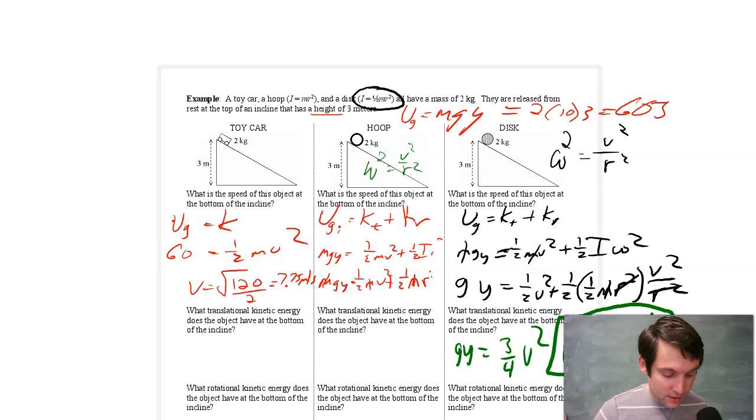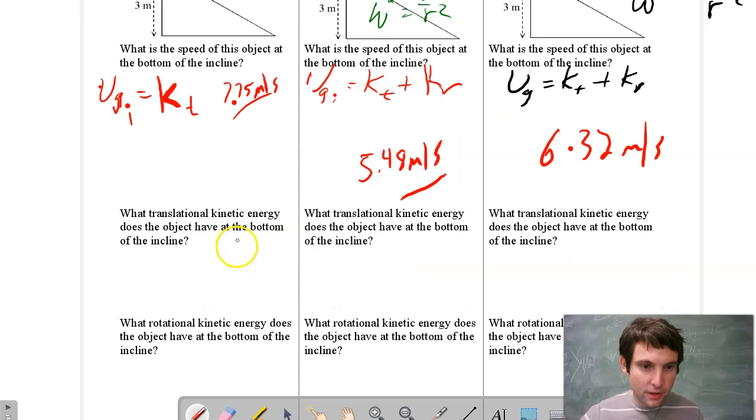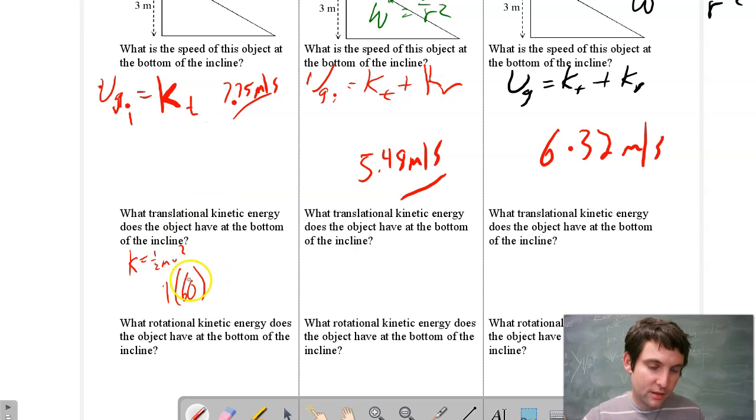Now we can go back and we can analyze these energies a little bit more. We'll start on the left with the toy car. What translational energy does the object have at the bottom of the incline? Well, we know translational kinetic energy equals 1/2 mv squared. The mass is 2, so half of 2 is 1, times v squared, 7.75 squared, which, if you remember, is 60. So this is 60 joules.